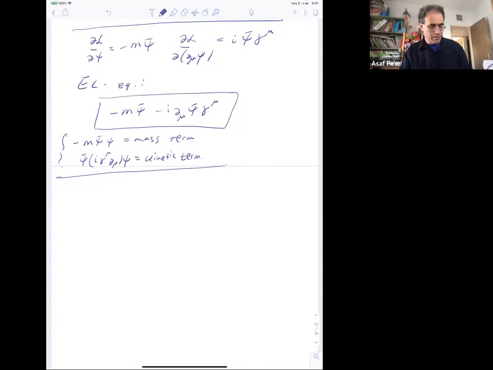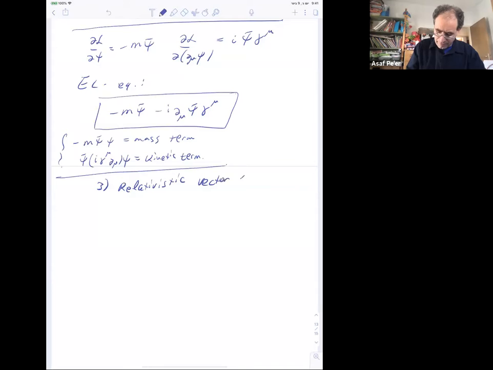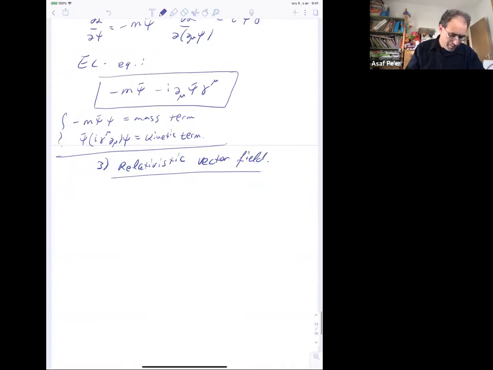Okay, let's move on. We still have the relativistic vector field. So we show the Maxwell's equations.